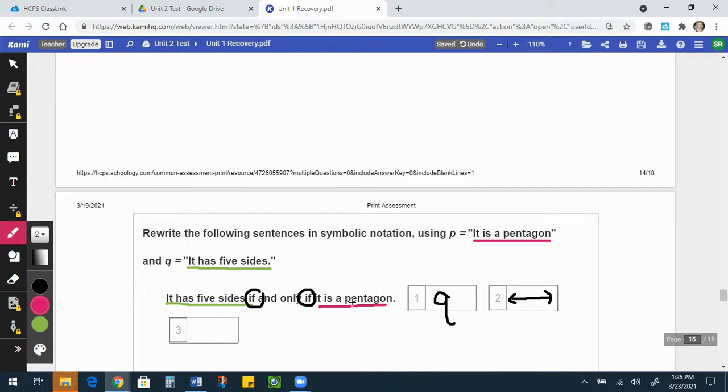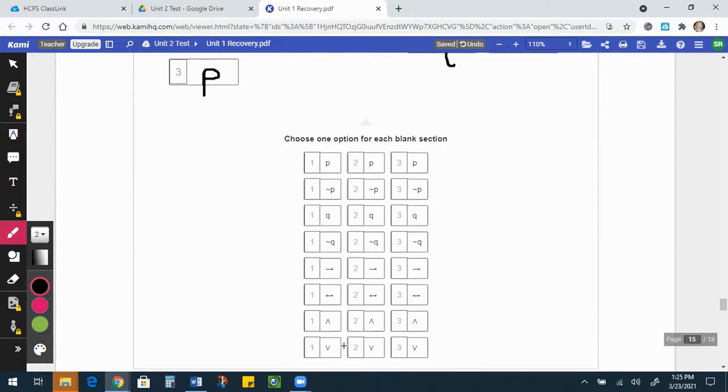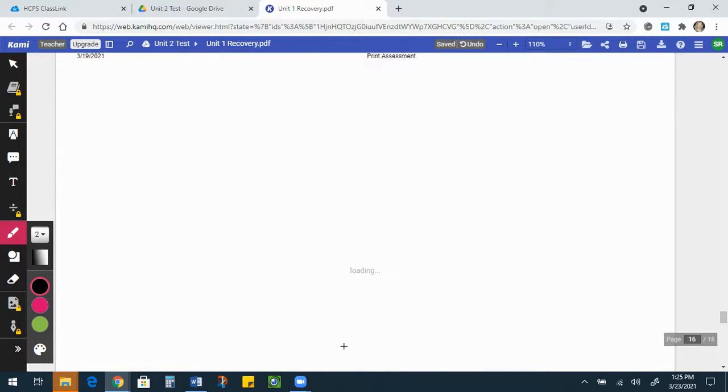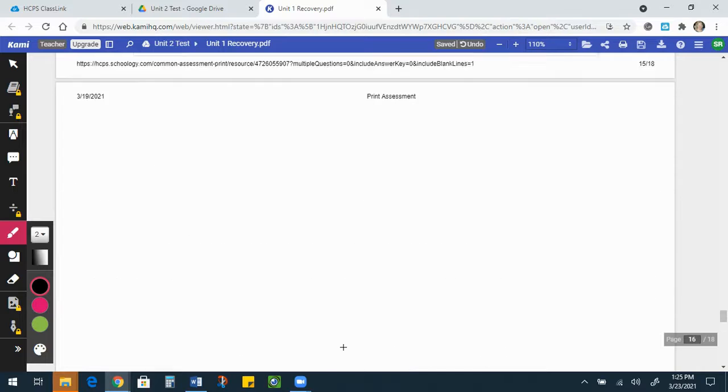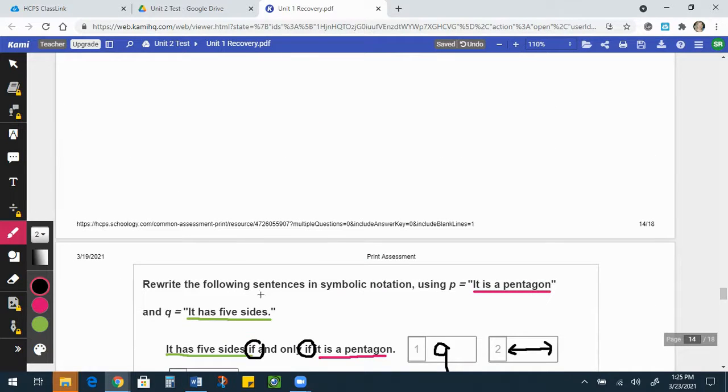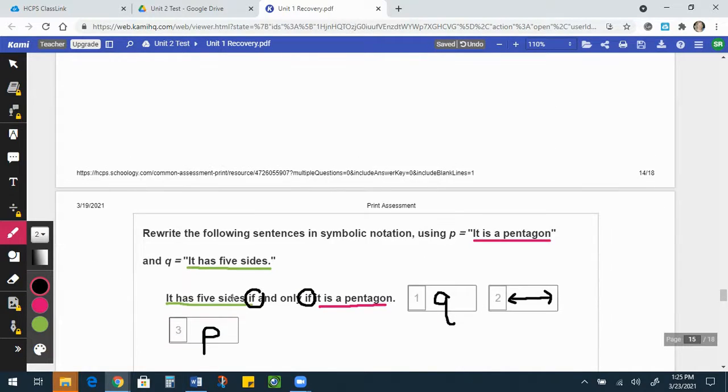That's a perfect match to P. It is a pentagon. All right, let's see if there's more, because look, these options take a lot of room. Nope, that was it. I thought there was going to be another one because it said sentences, but y'all, that's it. So we're done with this problem.